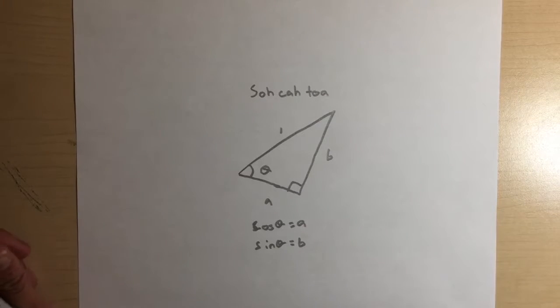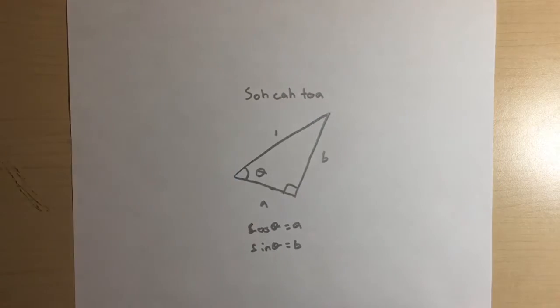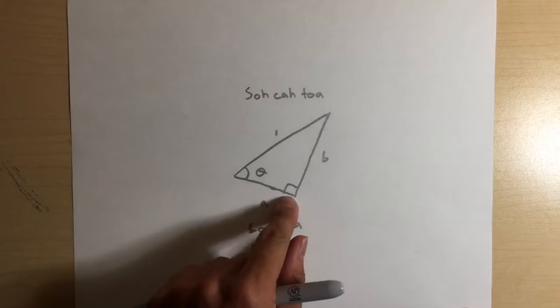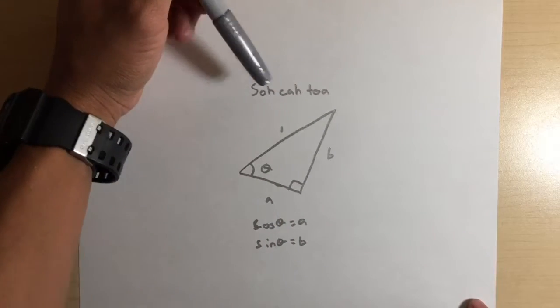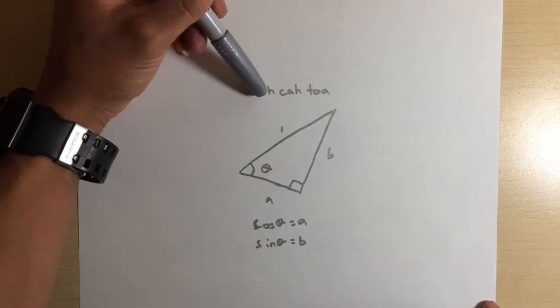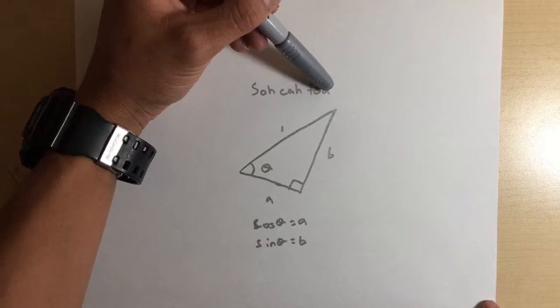So up until learning about the unit circle, this is how we'd usually define a traditional triangle with a 90-degree angle. So we'd use SOHCAHTOA, which means sine equals opposite over hypotenuse, cosine equals adjacent over hypotenuse, and tangent equals opposite over adjacent.